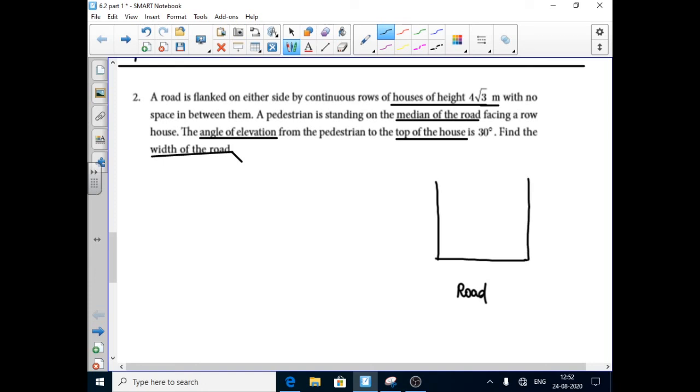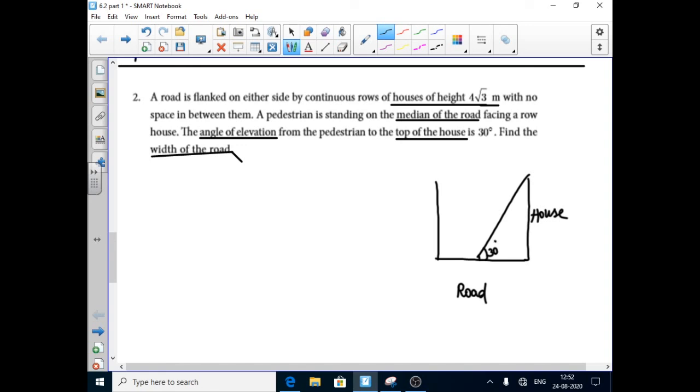I take one side. A pedestrian is standing on the median of the road. So here he is standing, observing the top of the house. So top of the house I take here. The angle of elevation is 30 degree. So this angle is 30 degree.